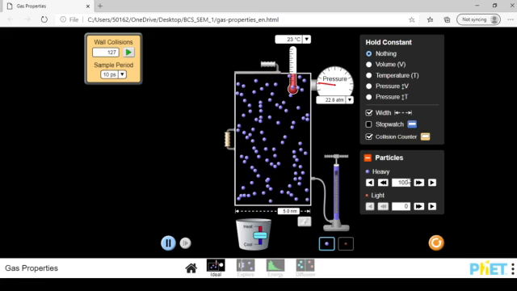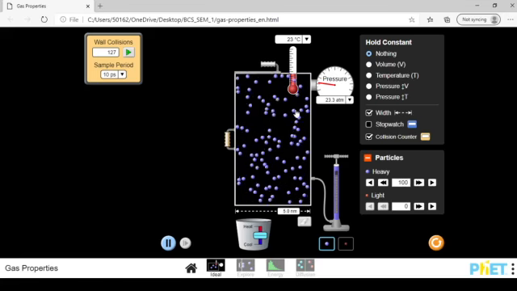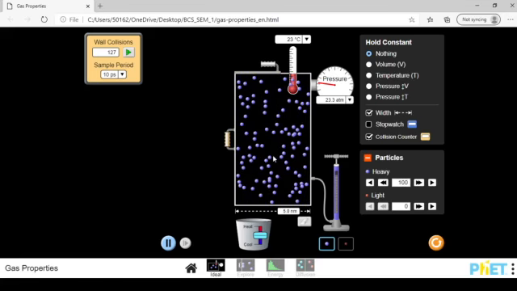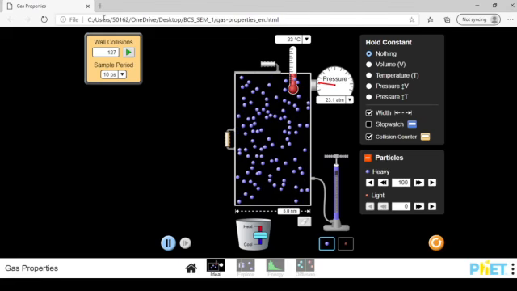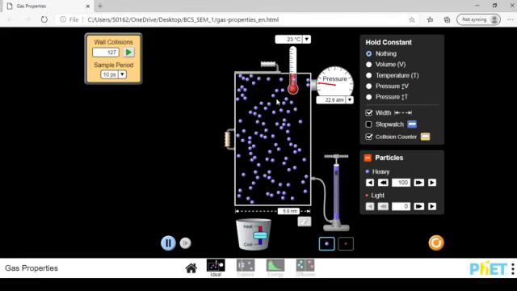Having seen this now, you have a practice questionnaire at the bottom, or you may say a worksheet, a digital worksheet to be more precise, where you will be answering questions based on what we have seen. At the same time, I want you to download this application so that you can work with it at home and experiment some more.